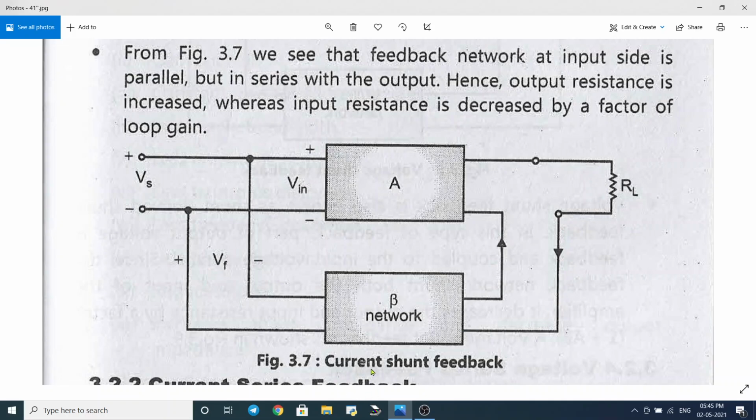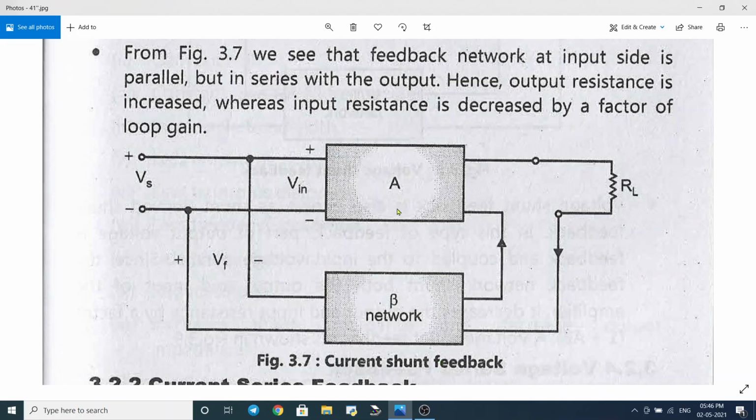We call this current feedback. So this is the type of sampling, it is current feedback. Now at the input, this is a parallel connection, so a shunt type feedback. So this diagram represents a current shunt feedback.